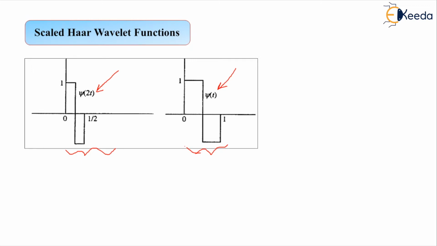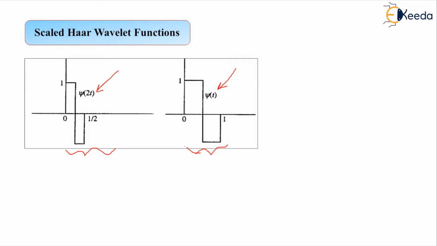So no signal in the functional space W0 can be expressed using the functional basis of W1. Therefore we conclude that W0 is not a subset of the functional space W1.